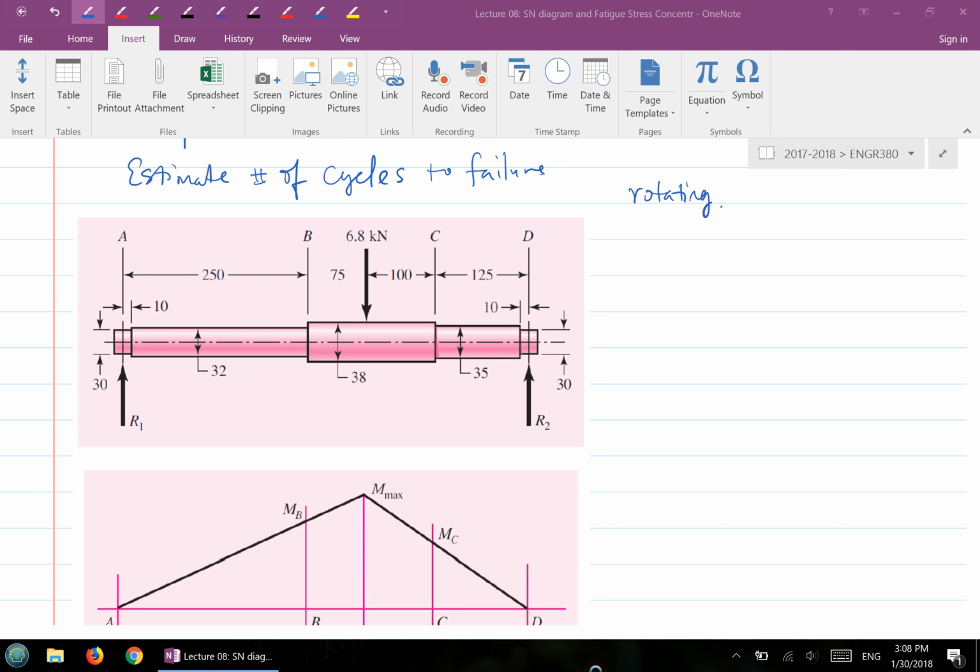So you may have a gear at this location, and here you have a bearing located at this location. At each one of the stepped shoulders there will be a fillet, and the fillet has a radius R equal to 3 millimeters.